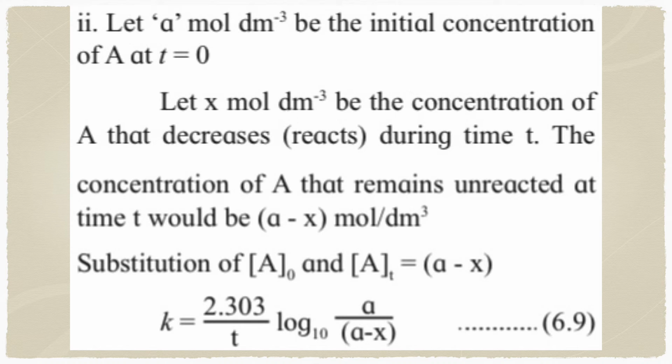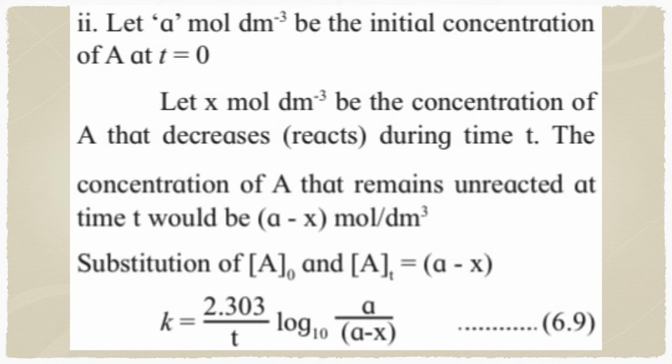Now we are going to substitute the initial concentration and the final concentration in the final equation. Hopefully you know what the final equation was: k = (2.303/t) log to the base 10 of initial concentration upon final concentration.